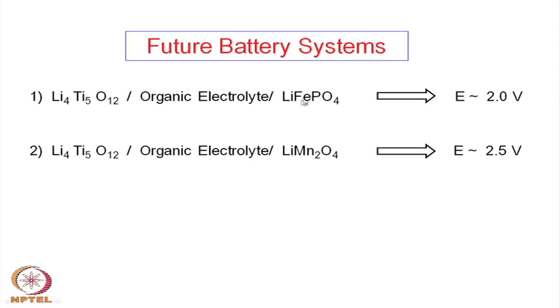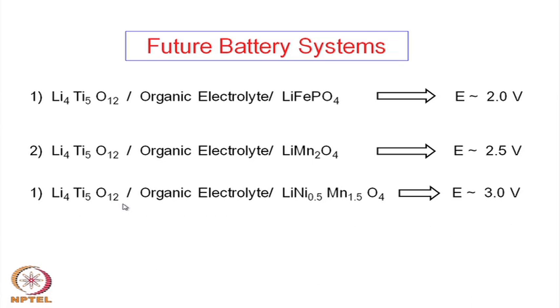So, the voltage can be increased to some extent. Instead of lithium iron phosphate, the cathode can be lithium manganite, the spinel structure, with the same anode. So, you have a possibility of increasing the voltage from 2 to 2.5. There is one more system which is also being thought of.